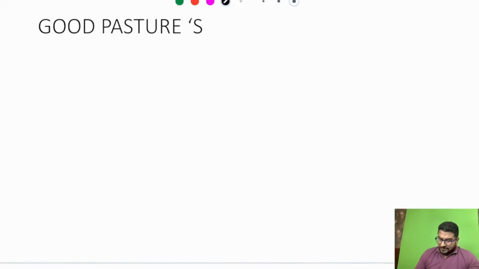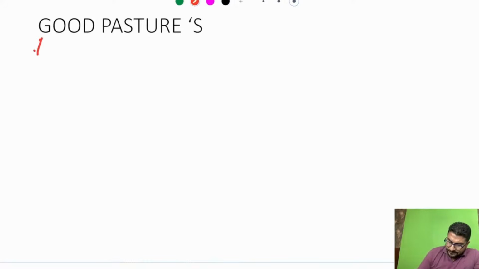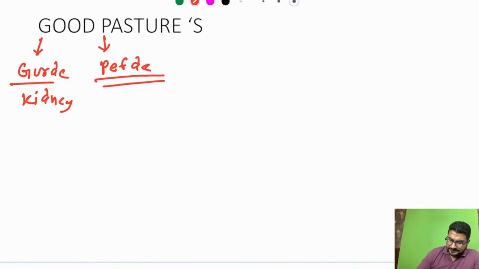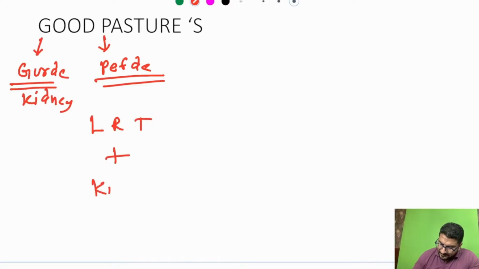Done. Good pasture. So G4, good means गुर्दे. गुर्दे को क्या बोलते हैं? What is गुर्दे? गुर्दे means kidney. So this is a disease that's affecting the kidney. P4, फेफड़े. फेफड़े means lungs. So this disease will affect your kidney and lungs. I told you how you will differentiate this from Wegener's. The closest differential will be Wegener's.